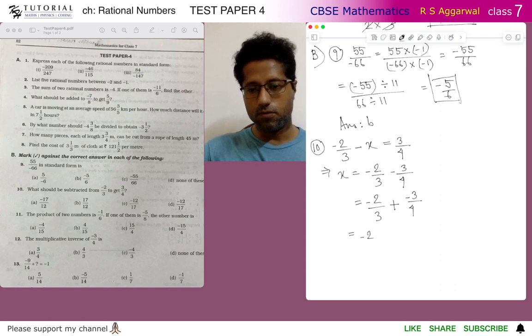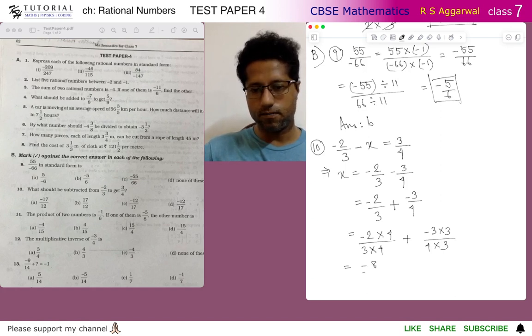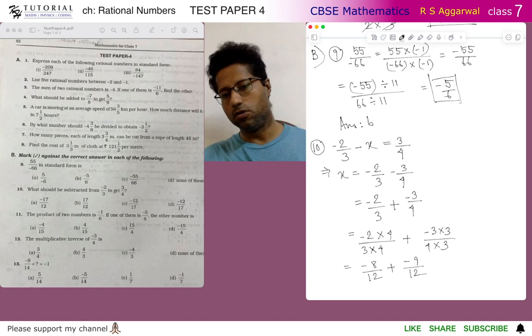So this will become 2 multiplied by 4, 3 multiplied by 4 plus minus 3 multiplied by 3, and 4 multiplied by 3. So this is minus 8 by 12 plus minus 9 by 12. Now the denominators are same.